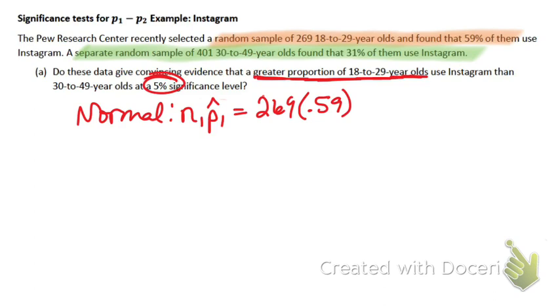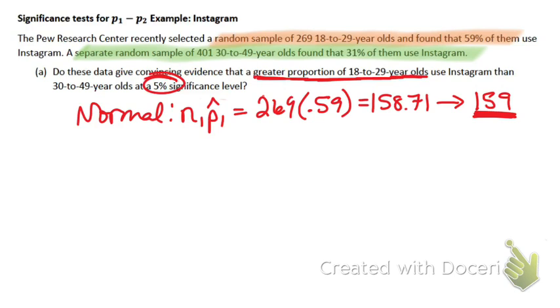But when I multiply these, I get a decimal. What do we get? 158.71. Can I have a number of successes, a number of Instagram users that is a decimal? No, so I need to round this to 159. That is my number of successes.